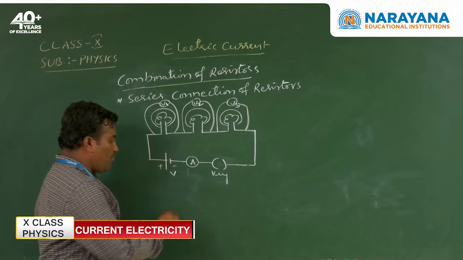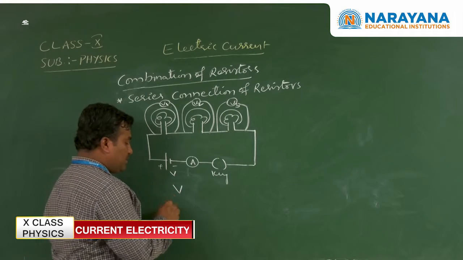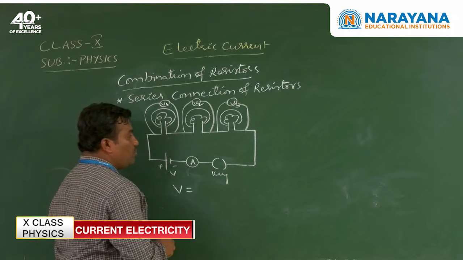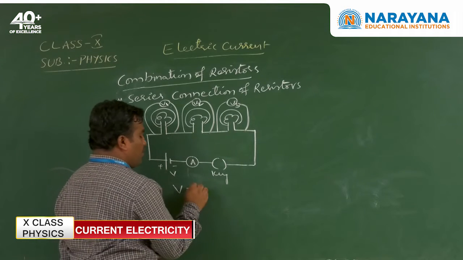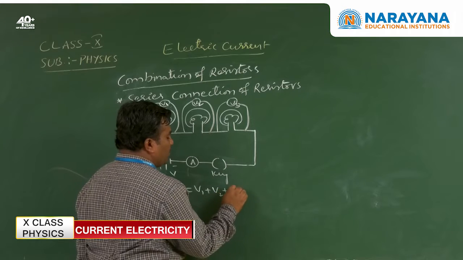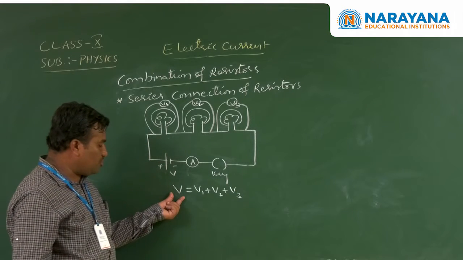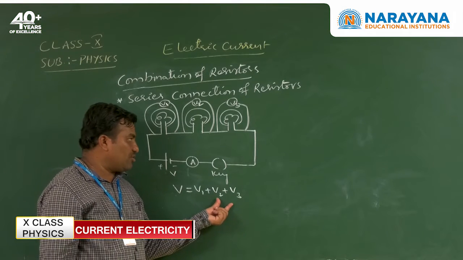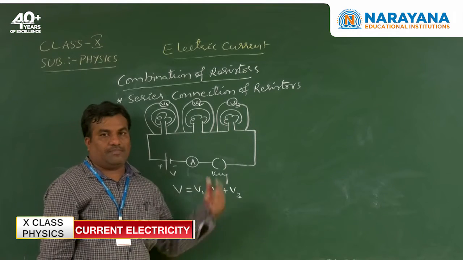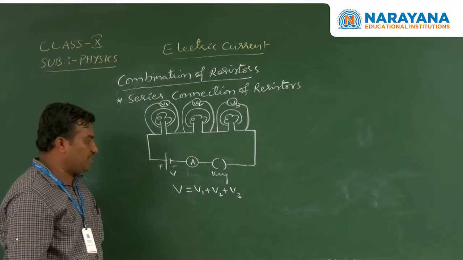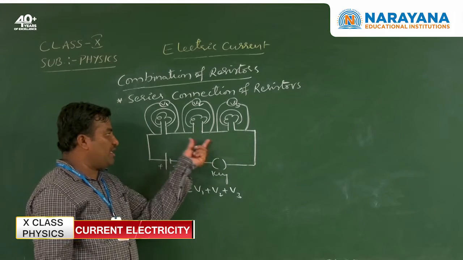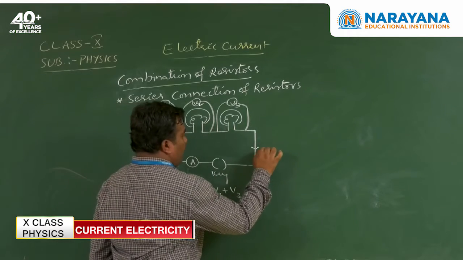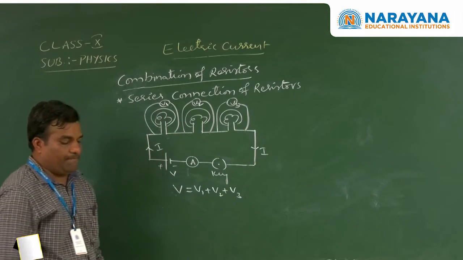We notice that the potential difference across the battery is equal to the sum of the potential differences across the individual bulbs: V equals V1 plus V2 plus V3. But the current in this circuit is common. We give the current I, and we also get current I when we press the key.